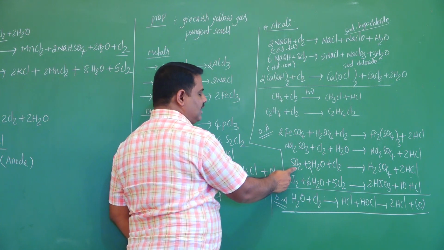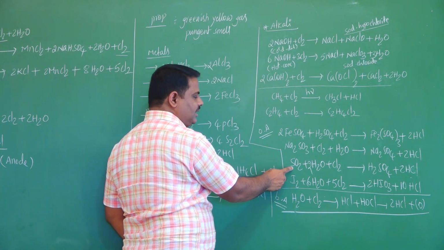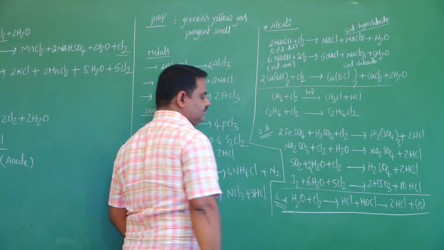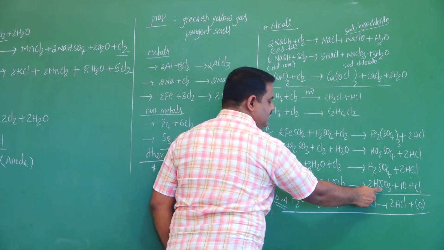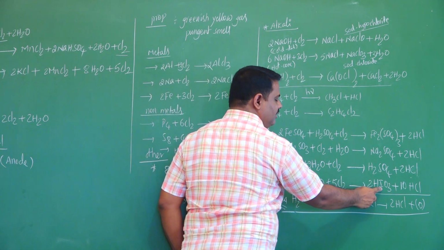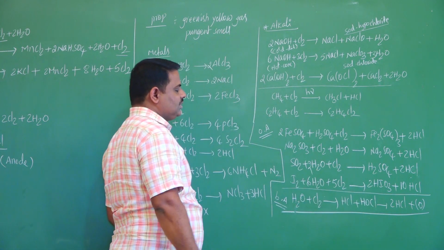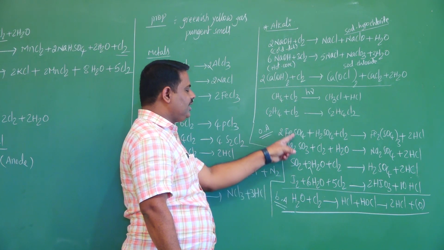Next, sulfur dioxide to sulfuric acid, once again +4 here, +6 here. Iodine to iodic acid, here iodine 0, here iodine +5. So these are all oxidation properties of chlorine.